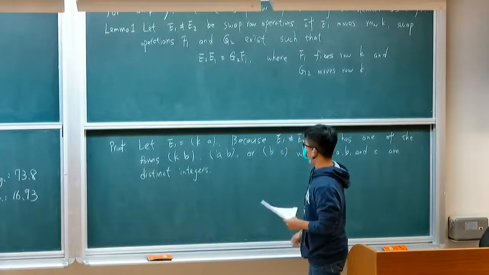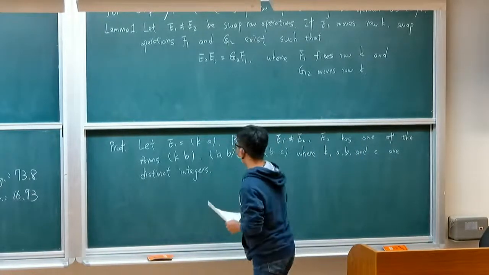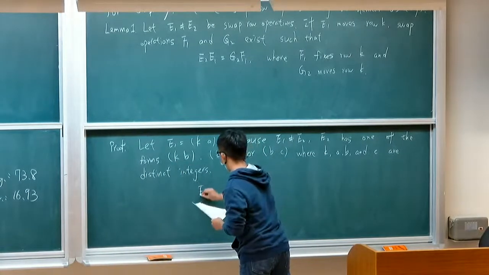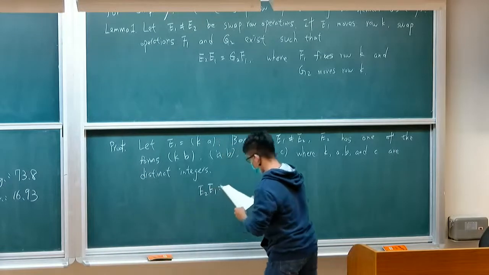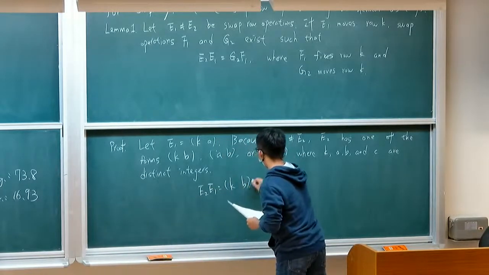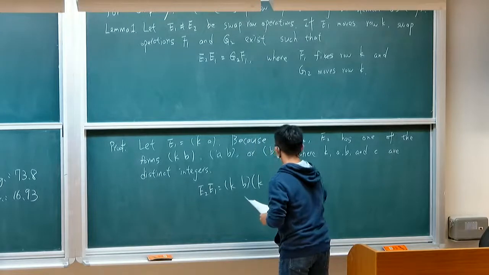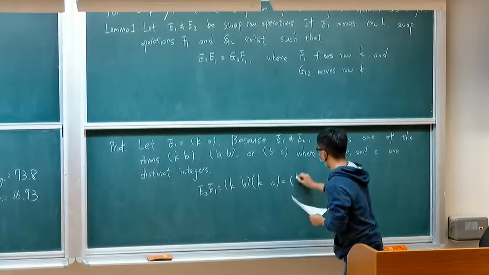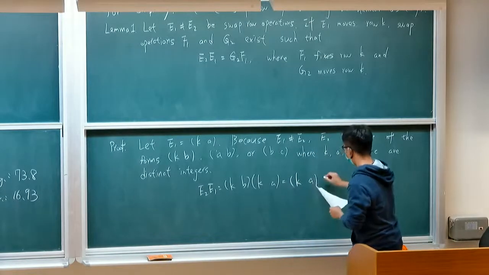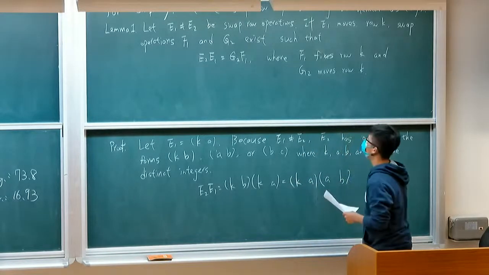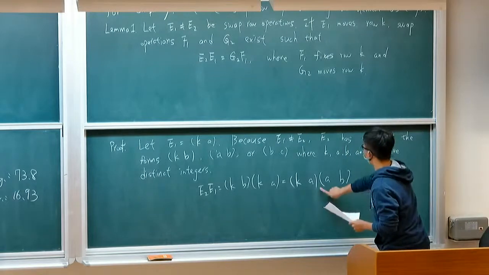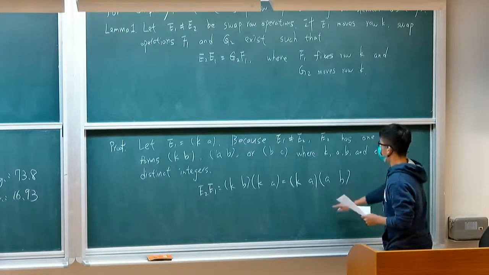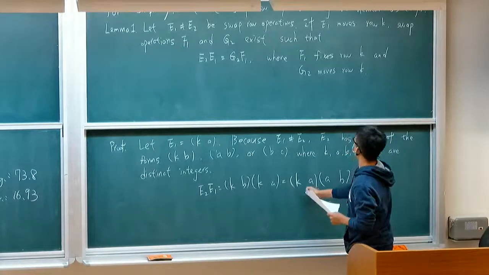Now, if E2 is in this form, then E2 E1 is equal to KB KA, and you can check by yourself. This is equal to KA AB, and this row exchange fixes row K, and this swap row operation moves row K.